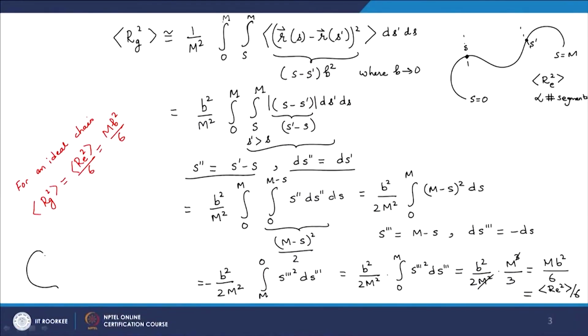That is one thing to note here. The other thing to note is that we are not saying anything about the end to end distance of the chain in a particular configuration. In a given configuration, of course, this can be my Re and this can be my Rg, and they can be very much different. But if I take an ensemble average over the squared values of both of them, then they are related.